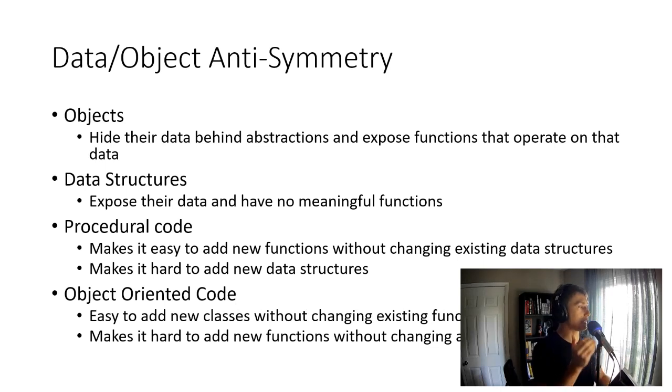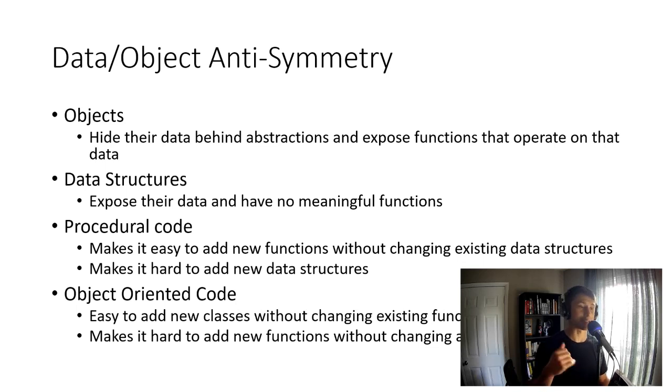You can readily access data within those data structures, but they don't really have any meaningful functions. You can't really perform calculations. There's not a list dot sum all, list dot print all. At least I don't think there is.